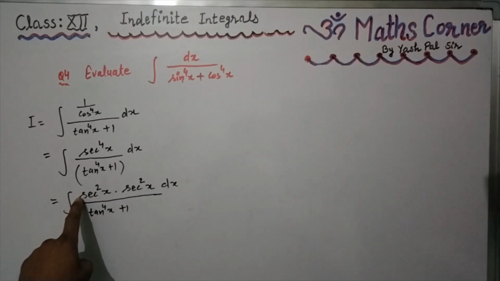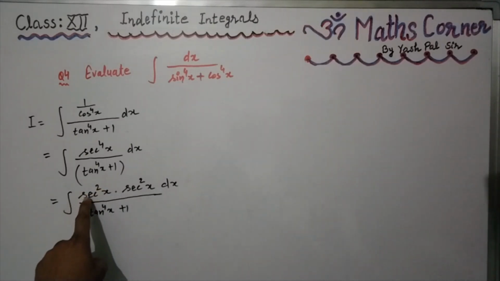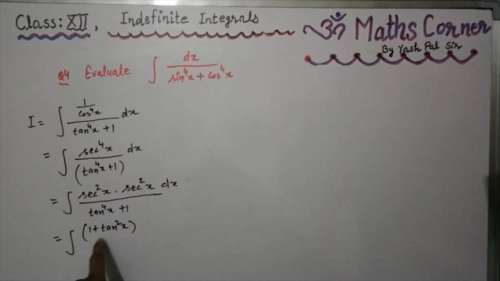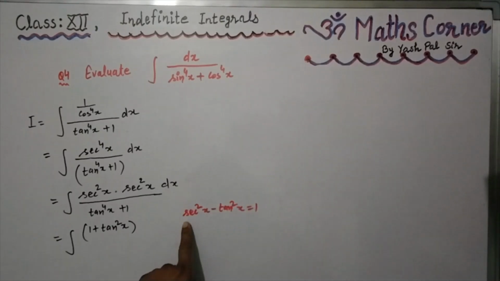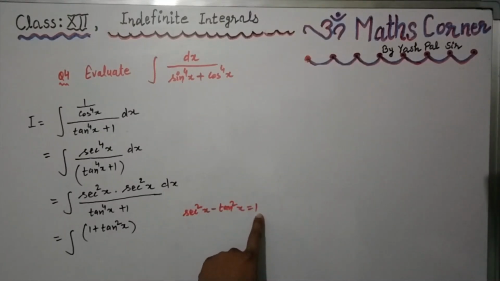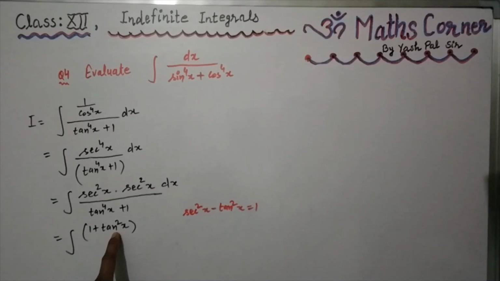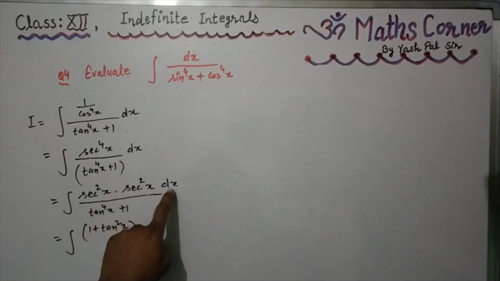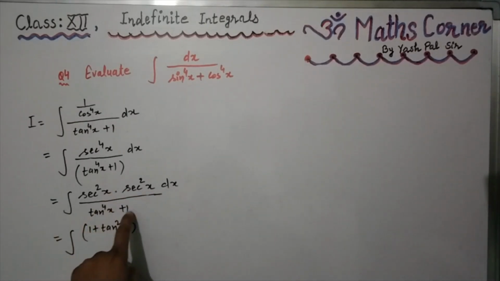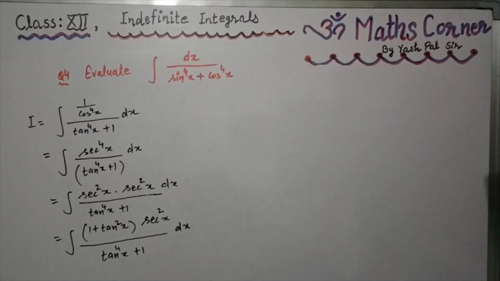Now here the first secant square x we can change into 1 plus tan square x, because secant square x minus tan square x is equal to 1. So secant square x is equal to 1 plus tan square x. Next is secant square x upon tangent raised to power 4x plus 1 as it is, in this way.